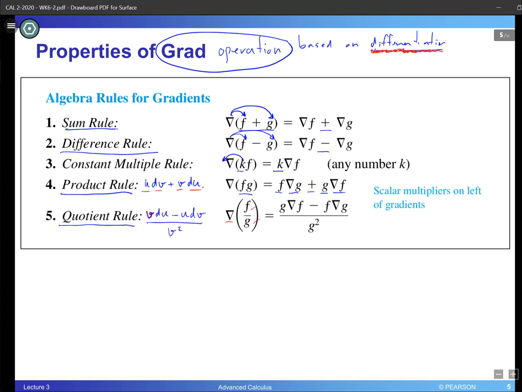So it's going to be g gradient of f minus f gradient of g, divided by g squared, similar to the quotient rule of differentiation. Now, at the end, I want to add some extra properties of the gradient operations.